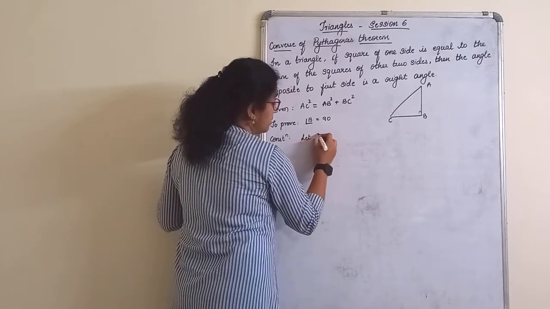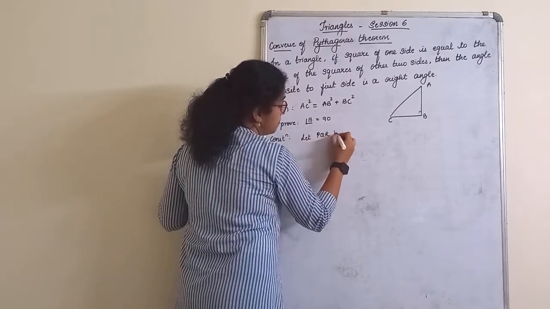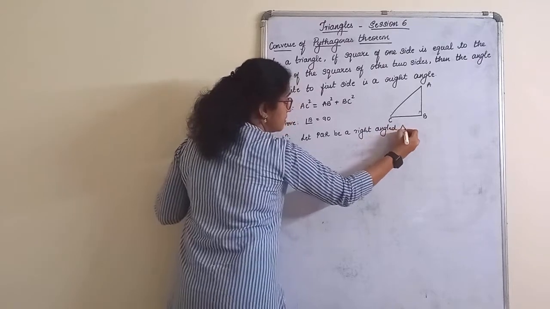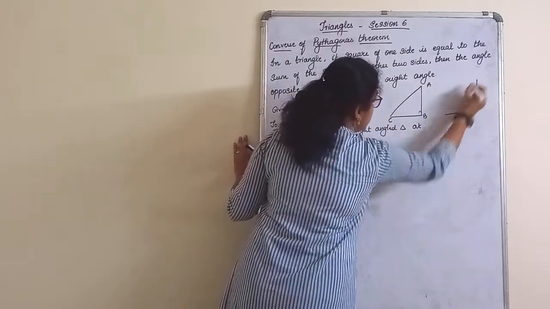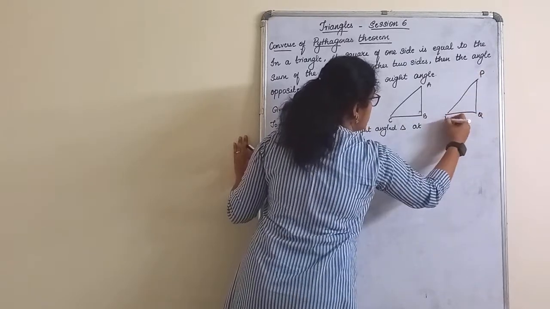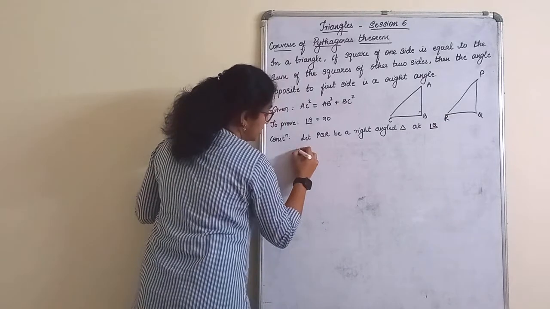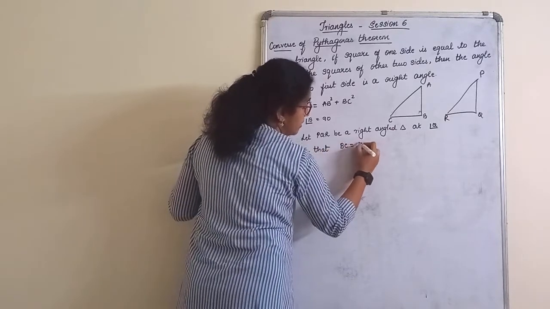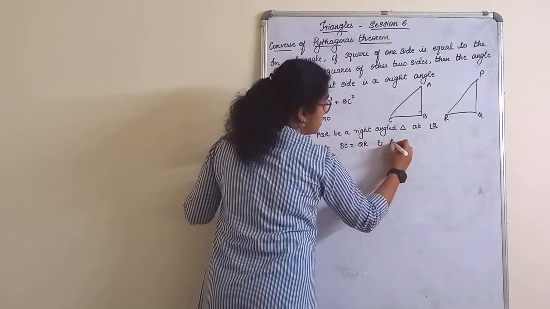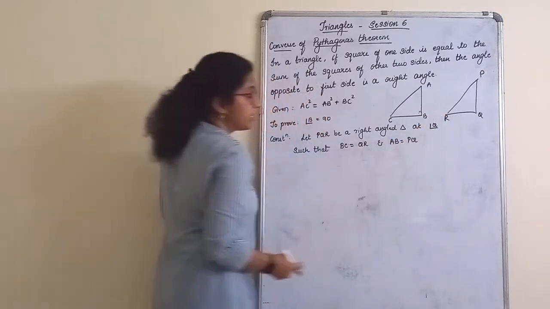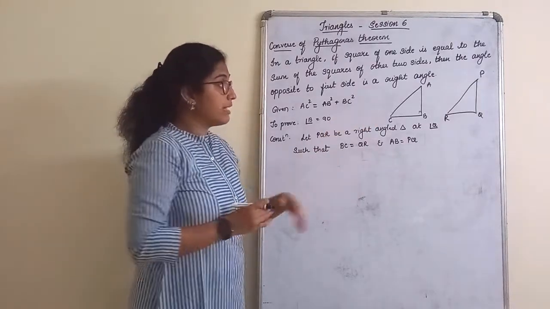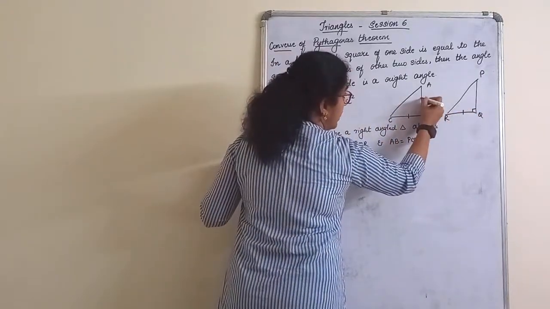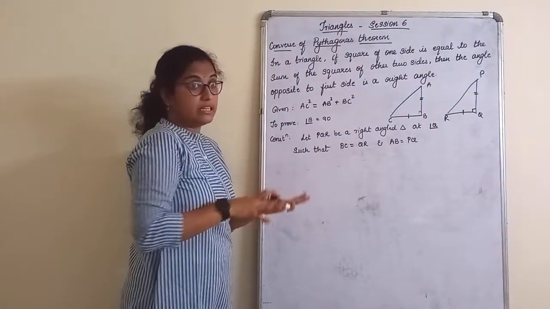Let PQR be a right angled triangle, so I consider one more triangle PQR, right angled at Q, such that BC is equal to QR and AB is equal to PQ. This is the condition. Now we have two triangles.